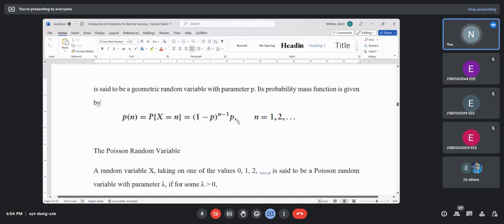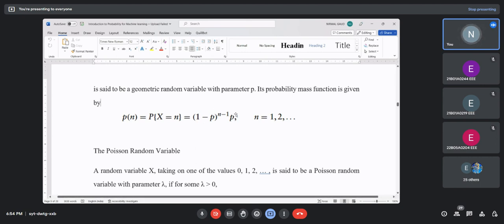That means in the first attempt itself I got success, so I got the value as p. That is the probability of the event. If you haven't got it, you need to continue according to this formula. So this is a geometric random variable with parameter p. p is your probability of success, and 1 minus p is the probability of failure.